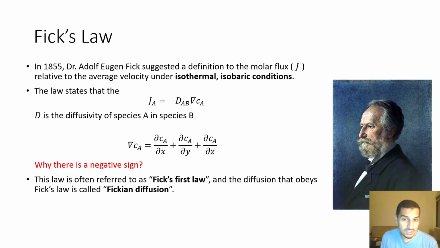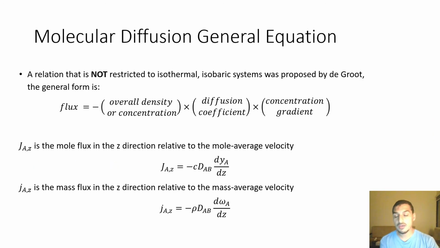This is not what we see here, and that's why we say that this equation is valid only for isothermal and isobaric conditions, because I consider that there is no effect on the volume or on the concentration due to any change in temperature or pressure, because it's not included in the parameters that we have here. So if the pressure or the temperature change, then I have to make some changes to the equation.